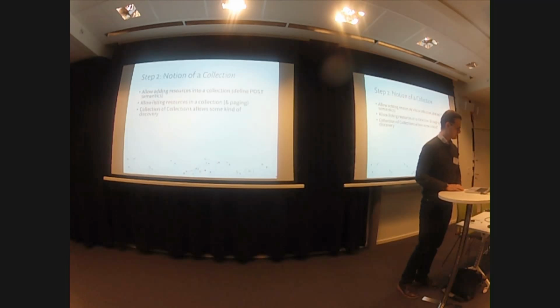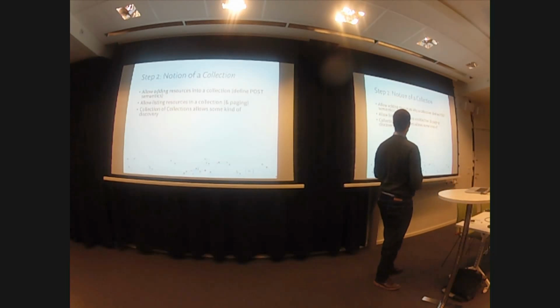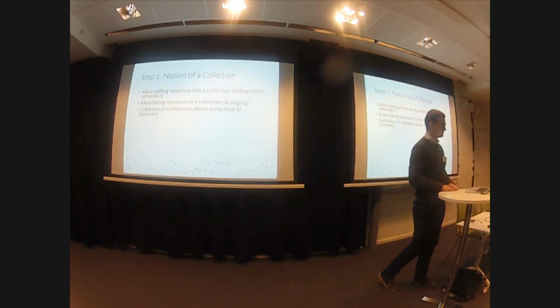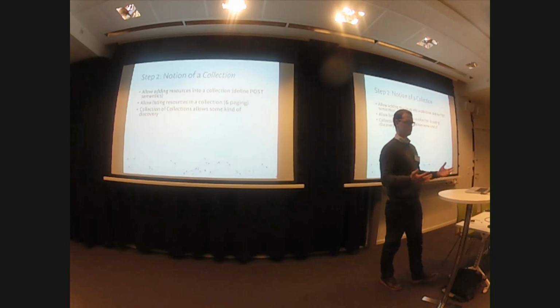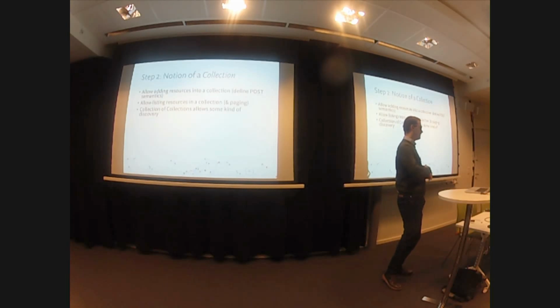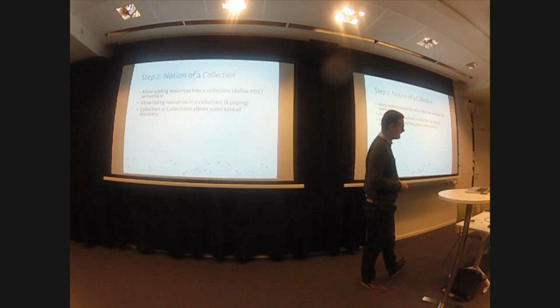So let's start with the first thing that the linked data community came up with. It's a notion of a collection. Say you have emails or you have conferences, as I was showing, the LDSV 18 resource. That LDSV resource conceptually belongs to a collection of all conferences. There are some technicalities behind it.